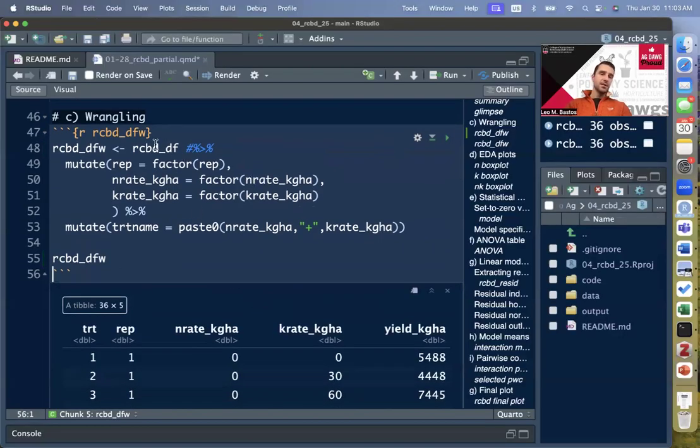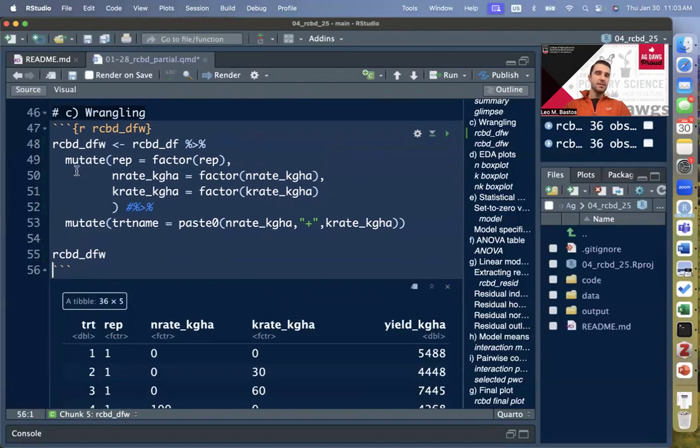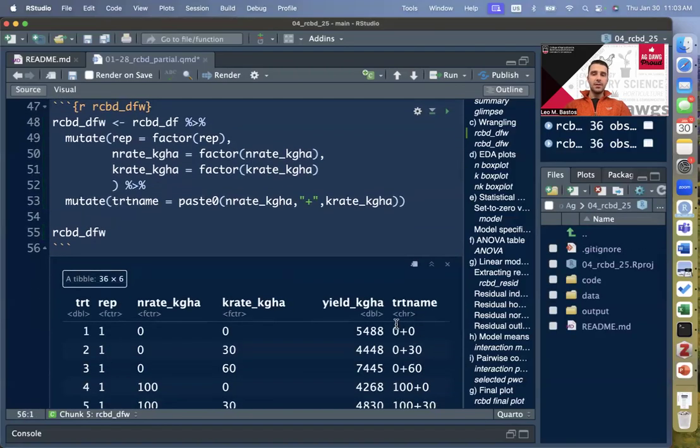In this case, it didn't do anything because it's just the same data set as we started. Let the pipe flow, then stop at the next pipe, run it again, and print it to see what happened. Basically, we just transformed into factors. We see that effect taking place. And then finally, if you let it go through to the end, you get that treatment name column, which uses the paste0 function to combine the nitrogen rate and the potassium rate into a single name.